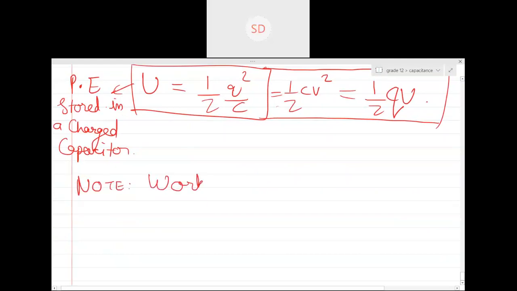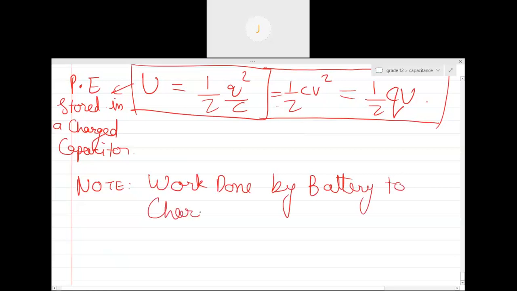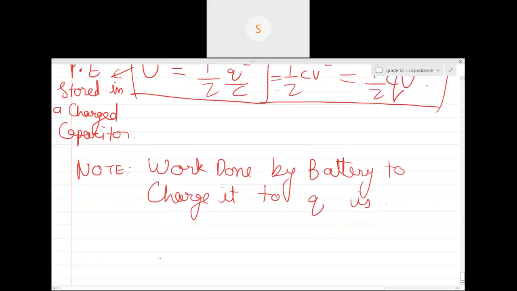The work done by a battery to charge it. If we ever want to completely charge a capacitor, the battery must have done some work. If I want to completely charge this capacitor, then what is the work done by the battery?